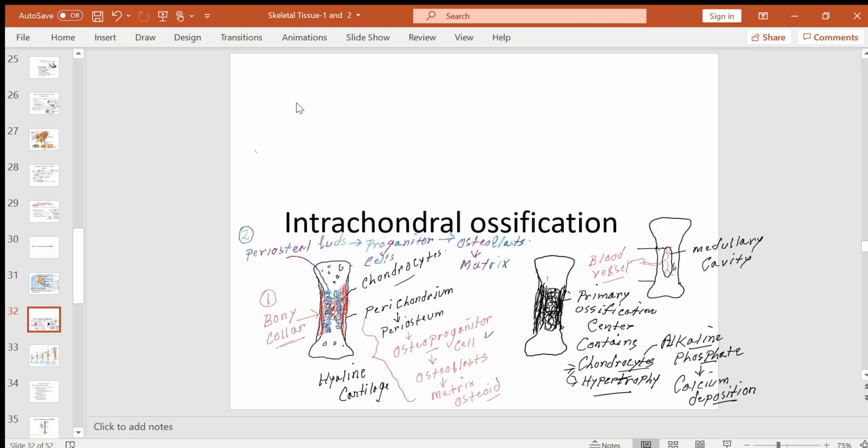How about the ends? The two ends have the chondrocytes, right, the cartilage cells. They will form two more centers. These are called secondary ossification or bone formation centers.